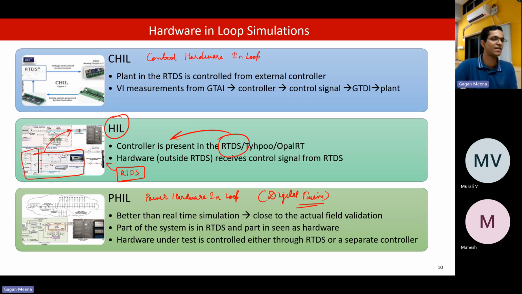So this is a real microgrid. The output of this microgrid, the voltage and current measurements, will not be control signal, they will be power signal. And RTDS requires only 0 to 5 volt as input. So in between we need a power amplifier. It can even be the grid emulator also.